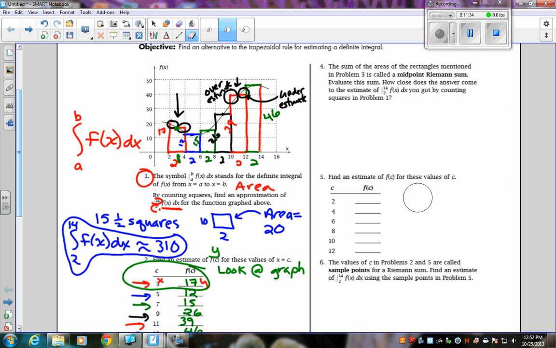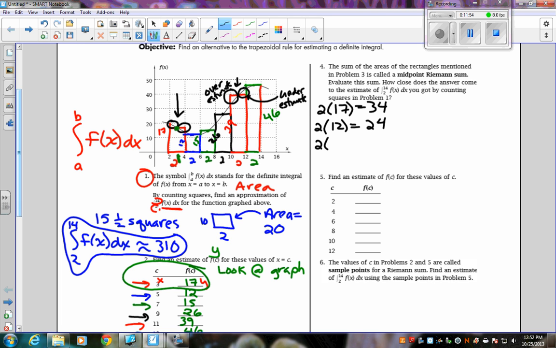Now, what we're going to do is actually estimate this sum. So let's add these areas up. The first rectangle, the width is 2 and the height was 17, and that's 34. The next one, the width was 2 again, the height was 12, that's 24.